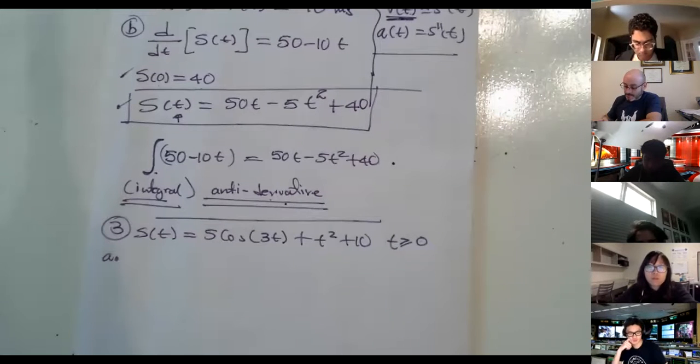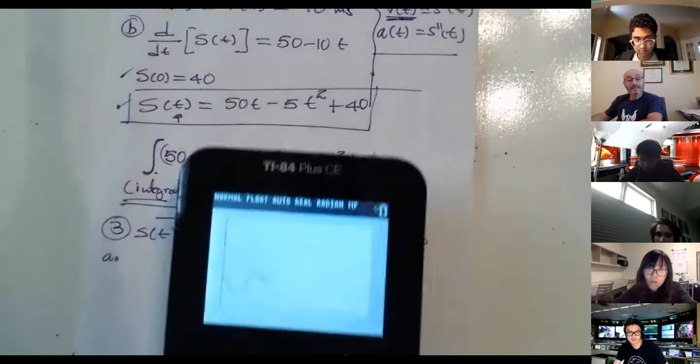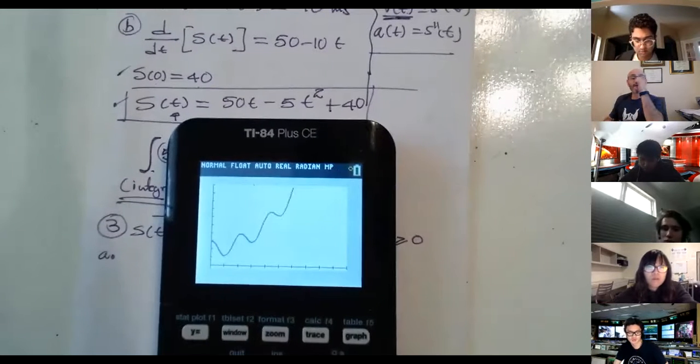Let me see. All right, so I'm going to make the window like 50 by 5, I guess, so I can see the whole thing. All right, this is what I'm getting, ladies and gentlemen.